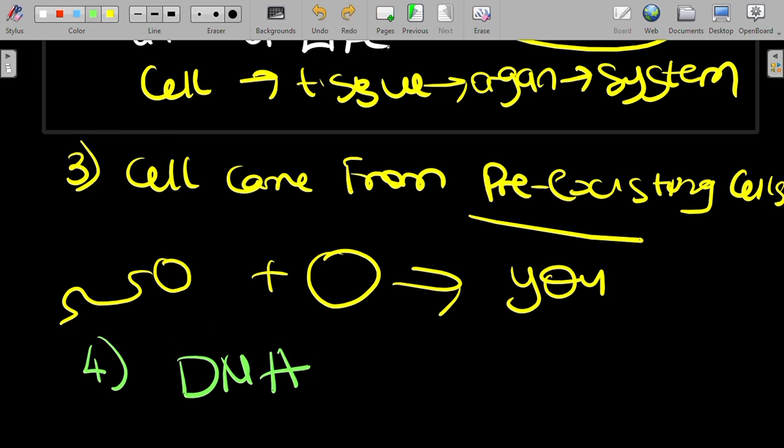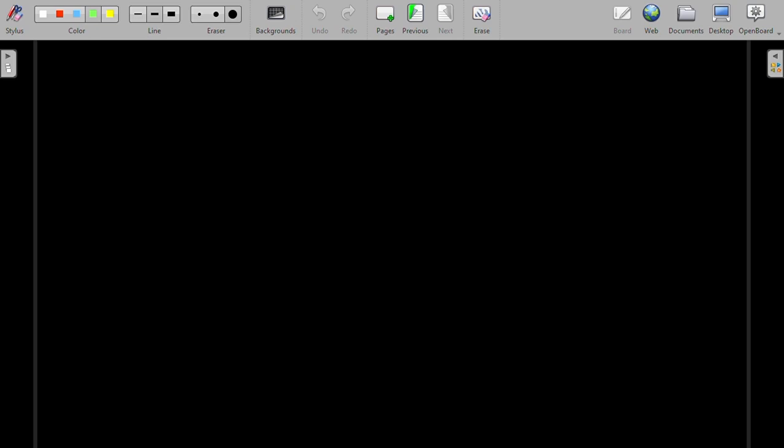Now let's talk about the structure of a cell. In our next lectures, I will introduce you to the diagram of a cell. I will differentiate between animal cells and plant cells. We're going to talk about many things about the cells. So first, let me draw a simple structure of a cell.